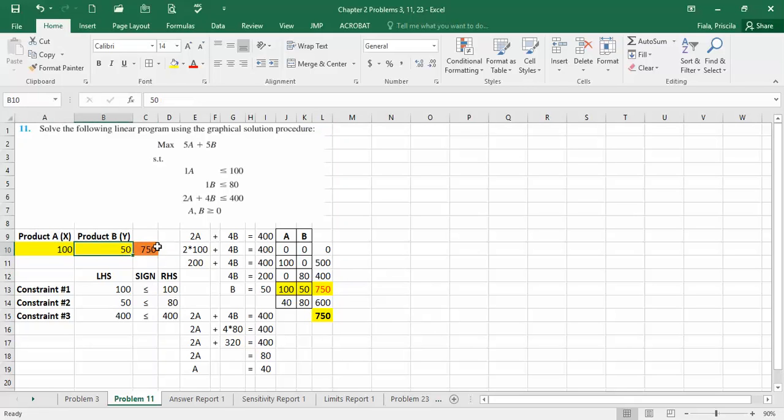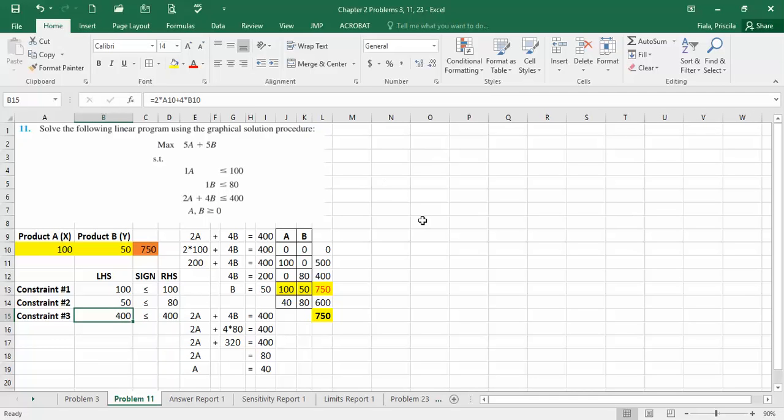Therefore, Excel has calculated with solver for us the same thing, and it's telling you it is going to use the full value for A, the full value for, no, actually less or equal, so you only use 50 of B, sorry about that. And then right here, the values when 2 times 100 plus 4 times B should be less or equals than 400, and it actually uses the whole amount. And we would be done with problem 11.